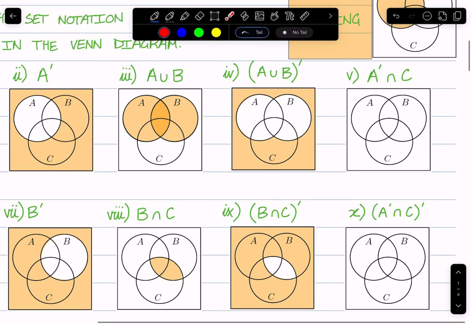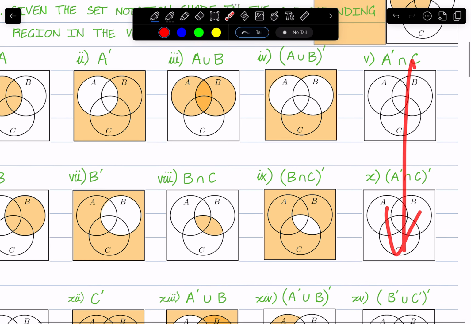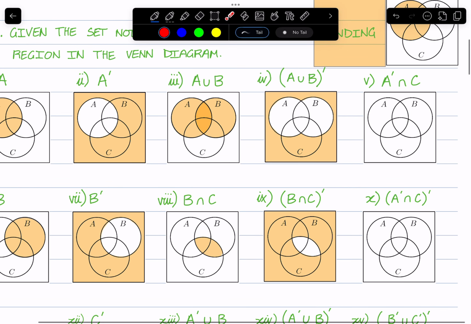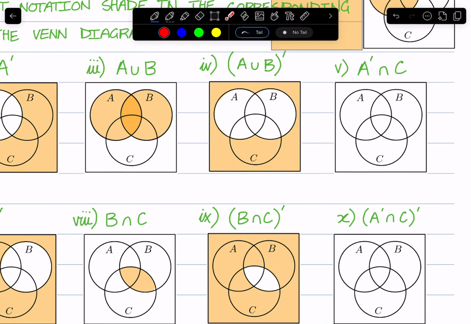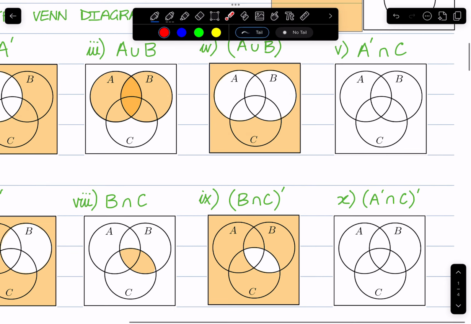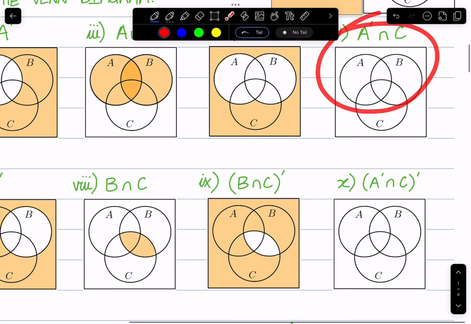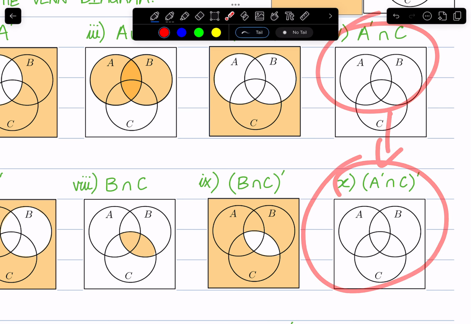Now let's try these last three, this last column here. If you look very carefully, this and this are complements of one another. So if you can visualize what this looks like, once you get this correct, it is very simple to get this one.